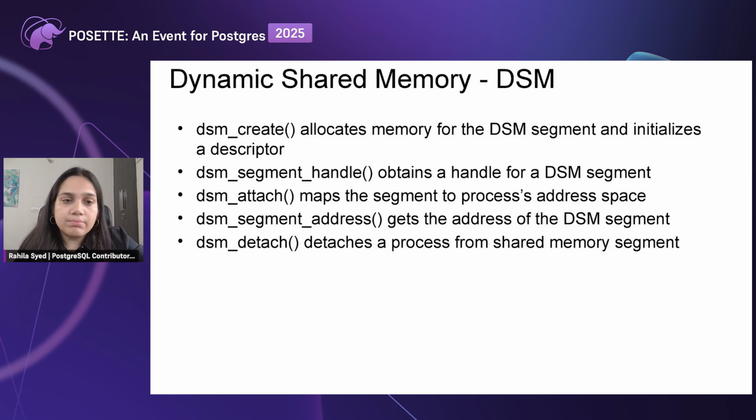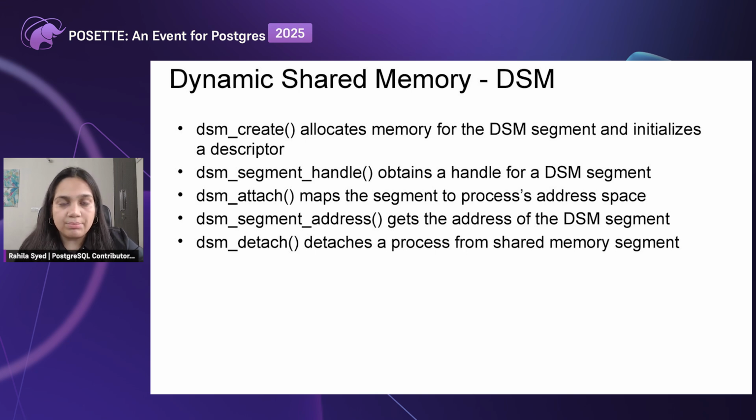DSMs. So this is more about the APIs used in the DSMs. Essentially, if two coordinating backends want to share information between themselves, one of the backends can go ahead and create a DSM segment using dsm_create.